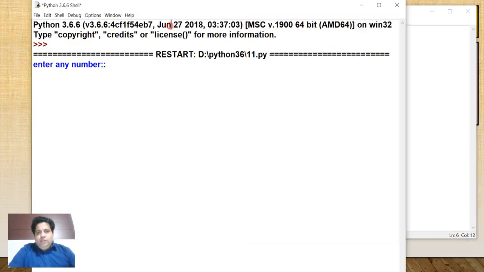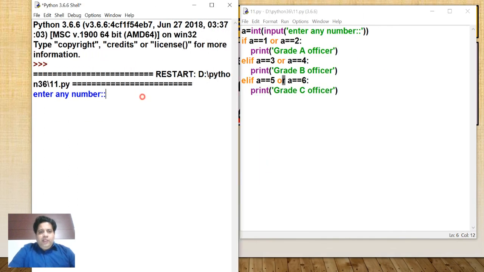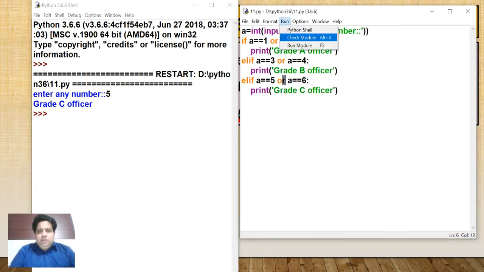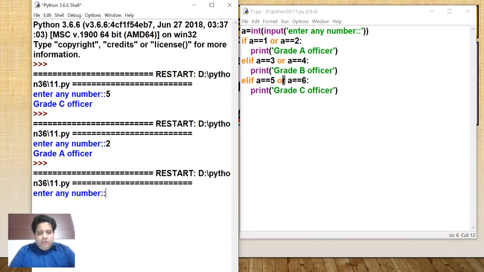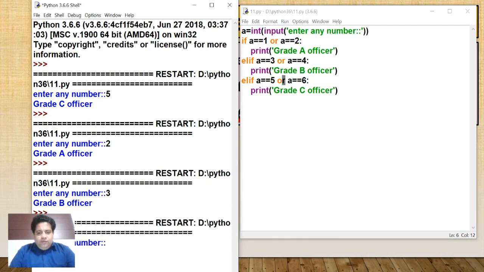This is the program window. Now enter any number. Suppose 5. Grade C officer. Again enter 2. Grade A officer. Again enter 3. Grade B officer. Again enter 4.